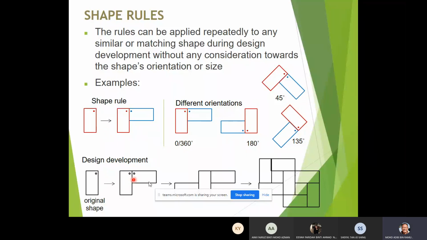Okay, so now let's look at the design development process, the first design development process using the shape lemma. Basically this development is using this single shape rule. So how do you apply the rule?